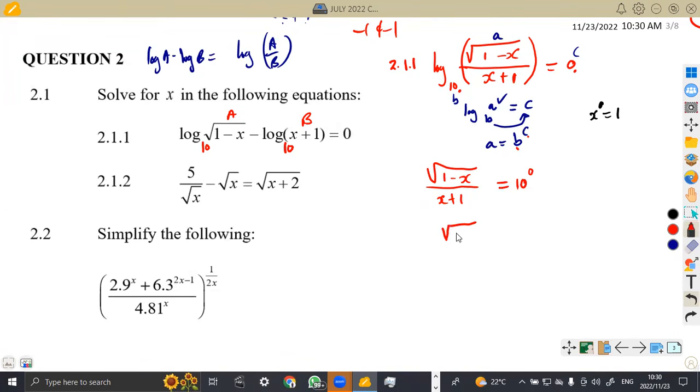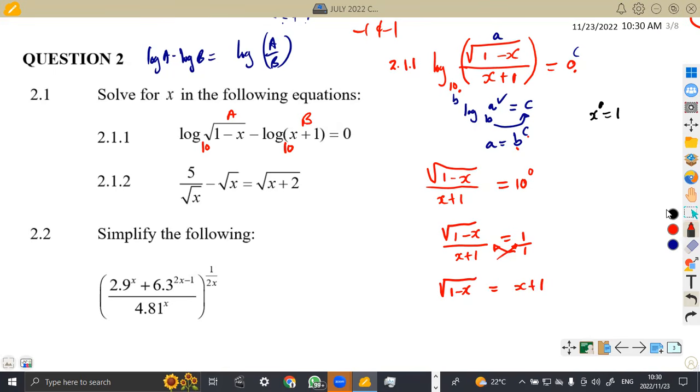So we're going to remain with the square root of 1 minus x over x plus 1 equal to 1, and the 1 is the same as 1 over 1 as a fraction. So you can cross multiply to remove the fractions. You're going to have the square root of 1 minus x equal to x plus 1.